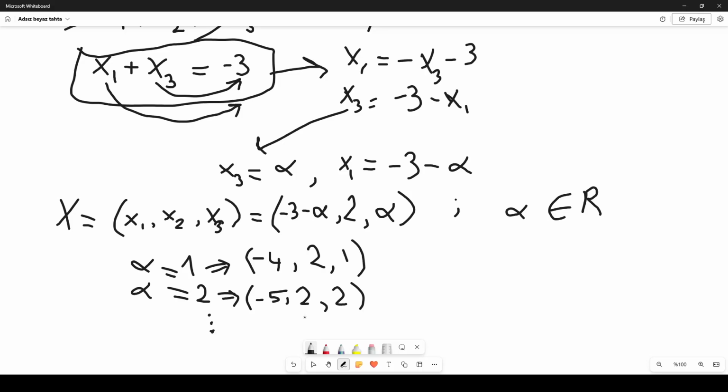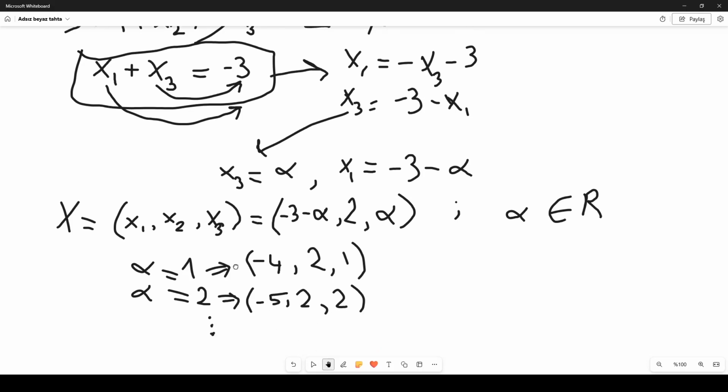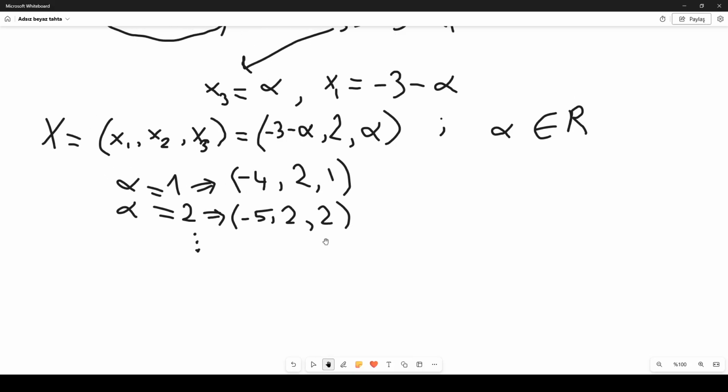And this computational process goes on and on, which means that as the value of alpha changes, the solution changes, right? And since alpha can take on any real value, which is an infinite number, the solution set also has an infinite number of points that satisfy this equation system.